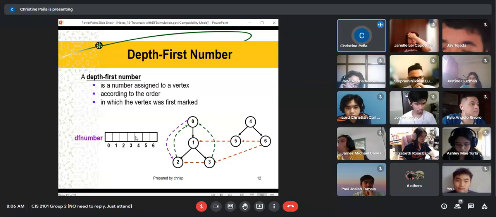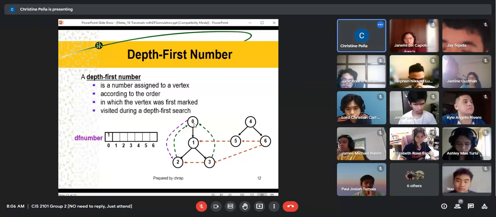In this first example, which starts at index 0, its DFS number will be 1, the next will be 2, and then the next is 3. But in your exercise, where you start with DFS 4, the DFS number of 4 will be 1, because it is the first one called.